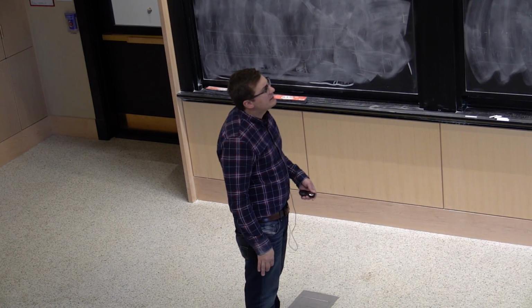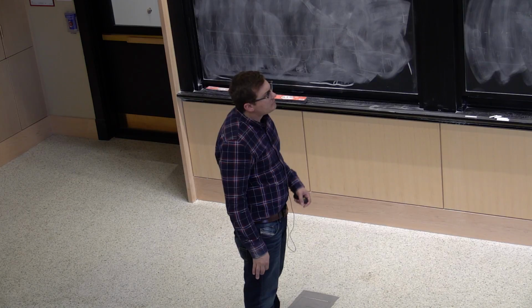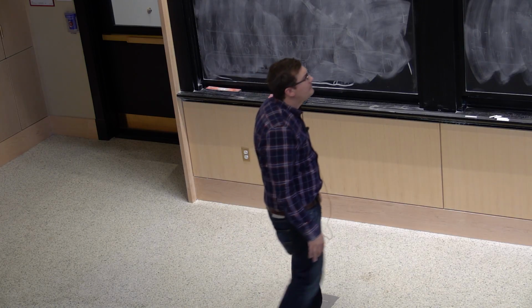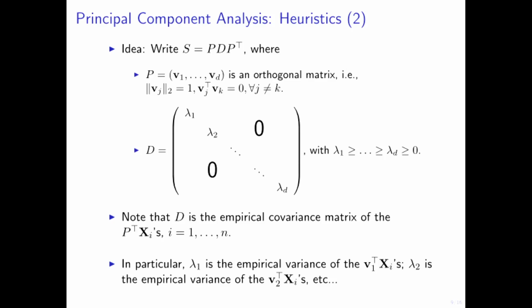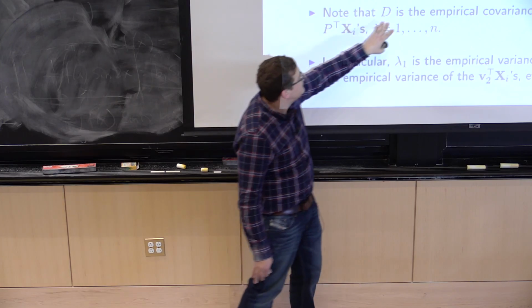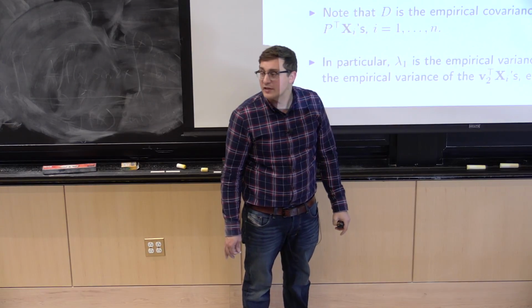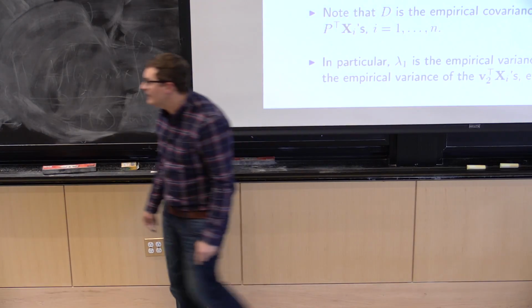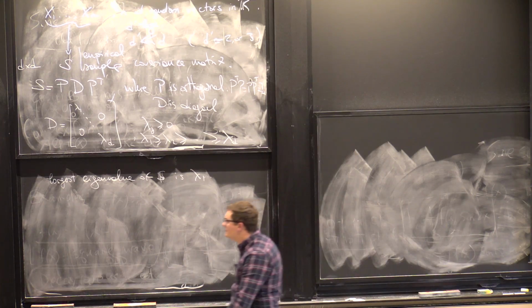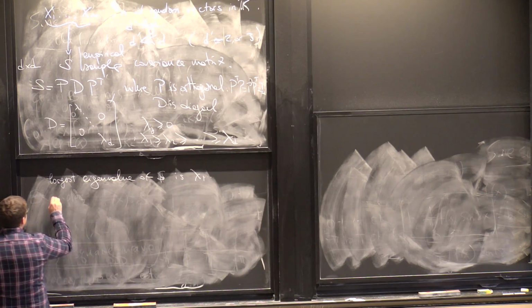All right, so what's happening now is that if I look at D, then it turns out that if I do P transpose Xi, I am actually projecting my xi's. I'm basically changing the basis for my xi's. And now D is the empirical covariance matrix of those guys. All right, so let's check that.